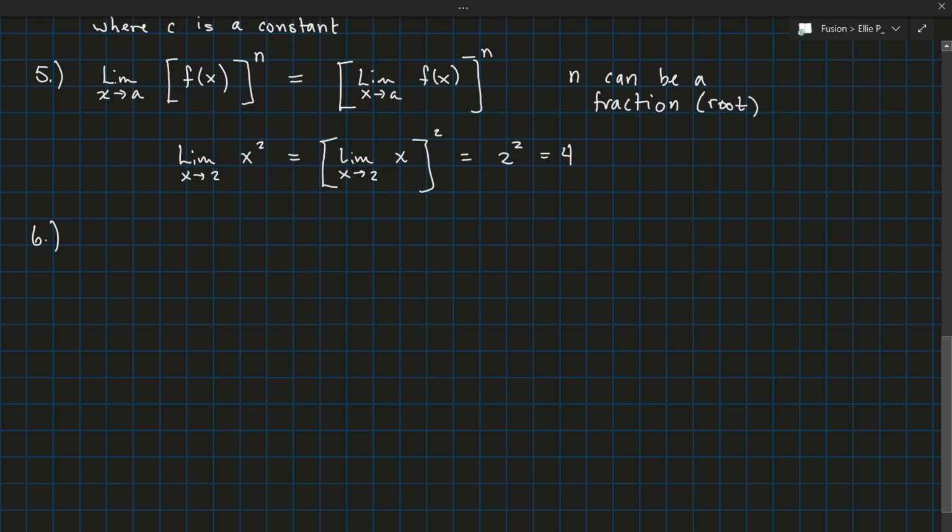So the last thing is just the limit as x goes to a of c, where again c is a constant. It's just c.